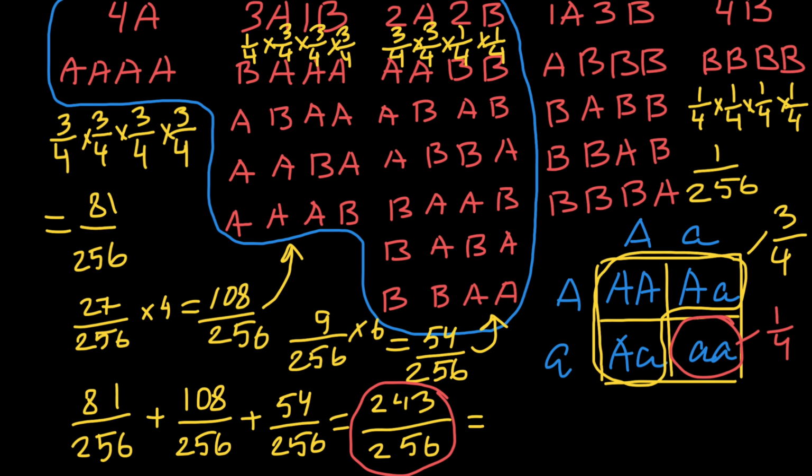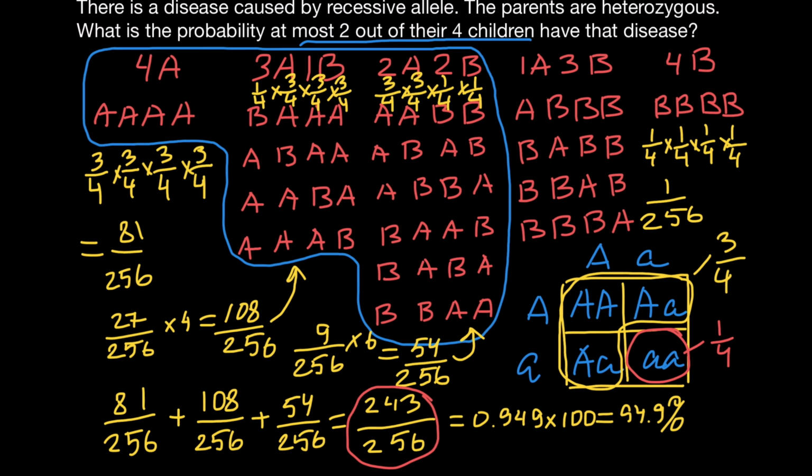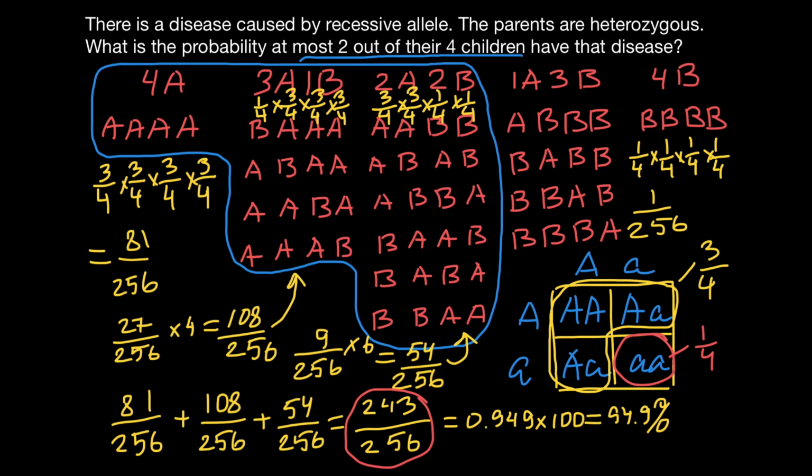So this is going to be 0.949 times 100, which would give us 94.9%. This is going to be the probability that this family would have at most 2 out of the 4 children that have this disease.